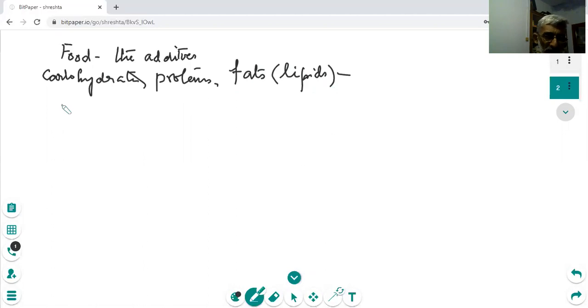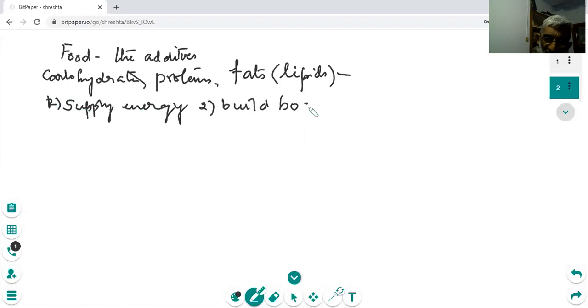See, they have two functions. One is supply instant energy, and two, they build body. So this is the purpose of food.